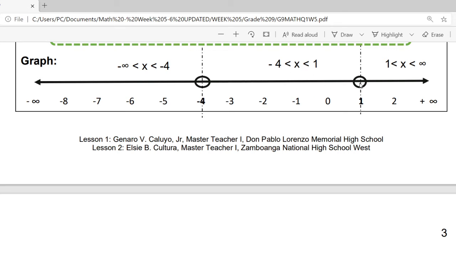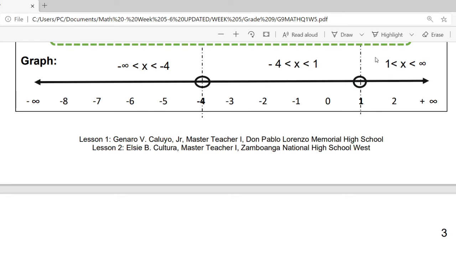From here, the interval is in between -4 and +1. So any values from here, all the numbers here are greater than -4, but less than +1. So you have any number from here greater than -4 but less than 1.